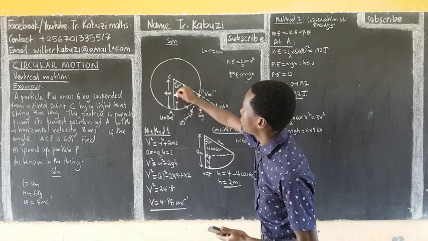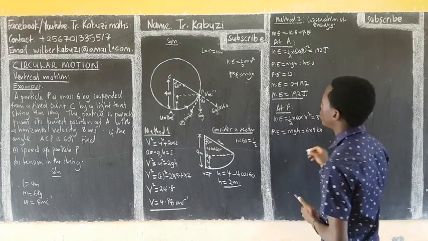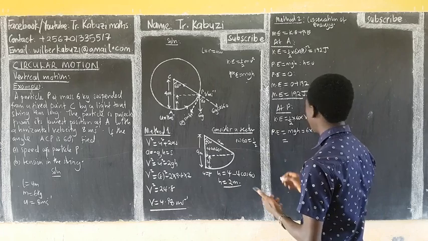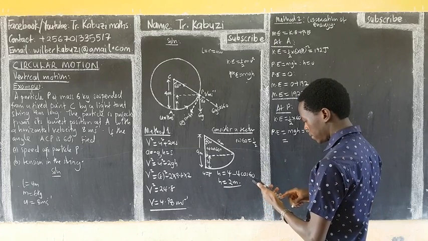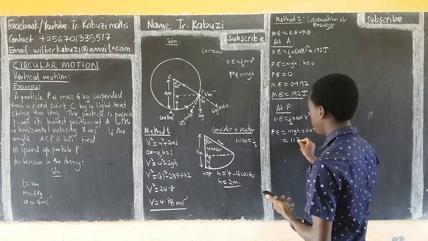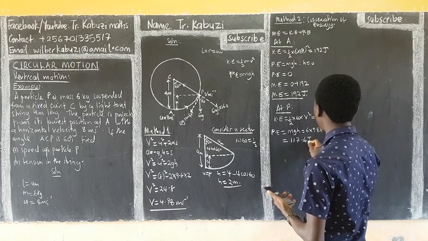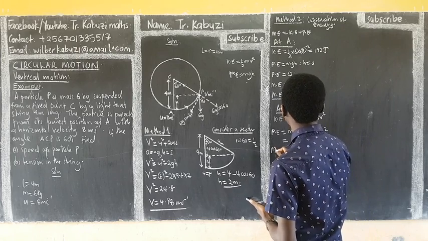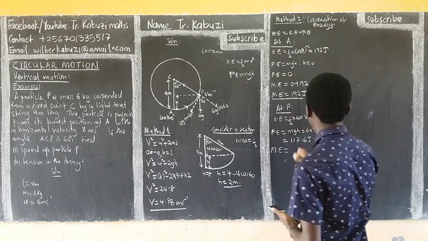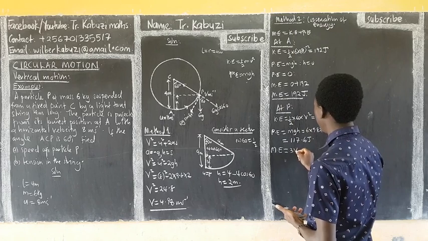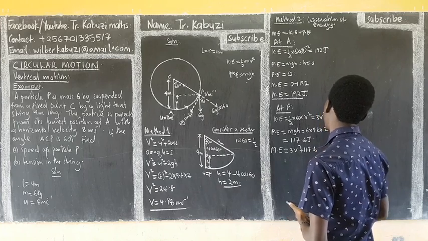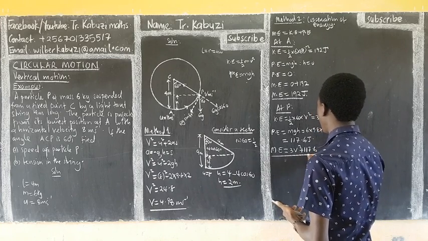Now at P, we have this height h, which we got as 2. So this is going to give us 117.6 joules. Meaning that now my mechanical energy, kinetic energy plus potential energy, I'm going to get 3v squared plus 117.6.